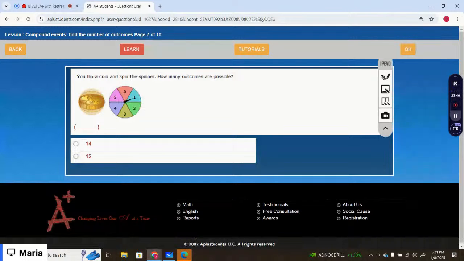You flip a coin and spin the spinner. How many outcomes are possible?